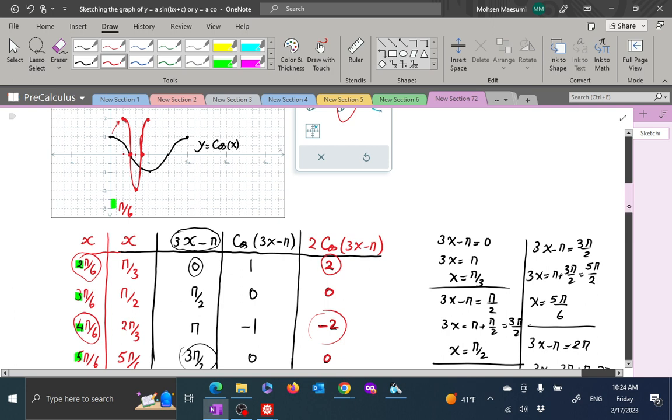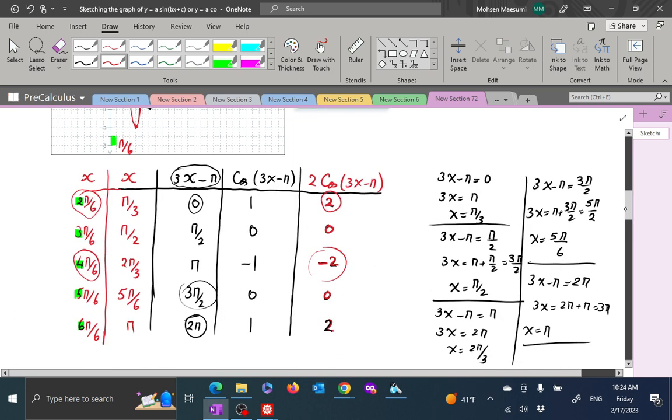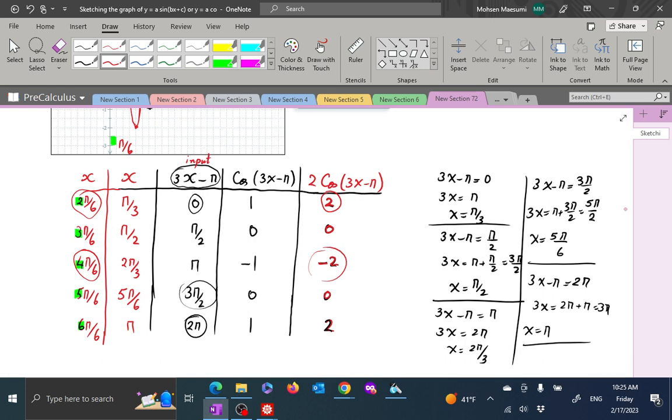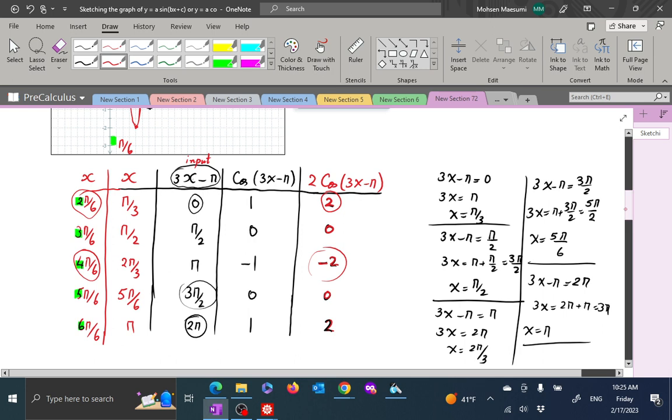So that's what we mean by point plotting. We take the input, this is the input of your function, whatever is inside the parentheses. We set it equal to these famous angles. Why? Because it's so easy to figure out the cosine of these things. We can just quickly rattle off these values. And then whatever you do with that is also trivial.